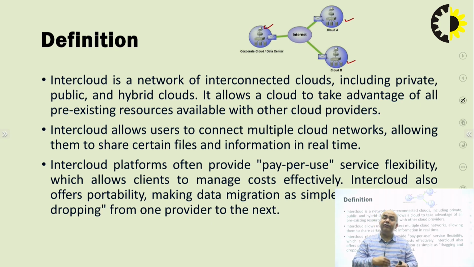Now if they want to interact with other clouds, they can go for the public cloud in order to have interactions between cloud A and cloud B. Intercloud platforms often provide pay per use flexibility, which allows them to manage cost effectively. Intercloud also offers portability, which makes data migration as simple as dragging and dropping from one cloud to other cloud providers.